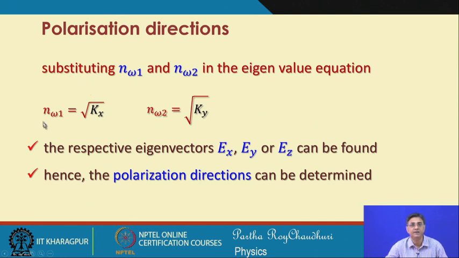So, by knowing the refractive indices, we can calculate the direction of the electric fields, and hence we can also calculate the direction of polarization of the wave when the direction of propagation of the wave is given.